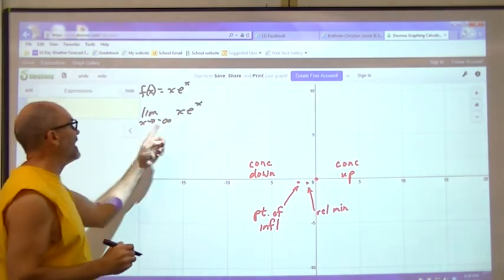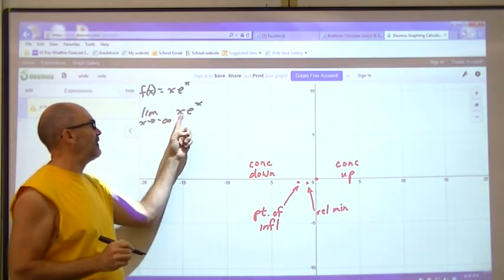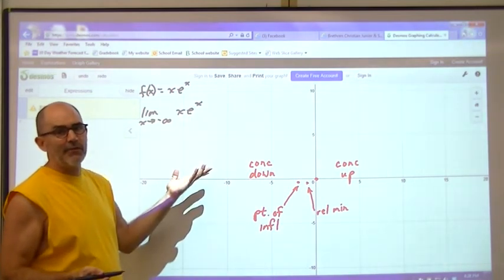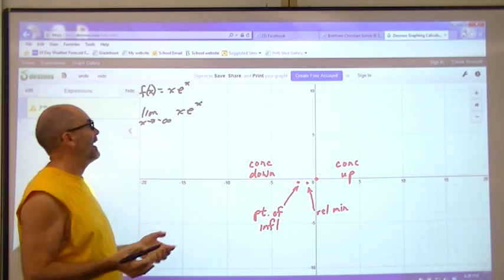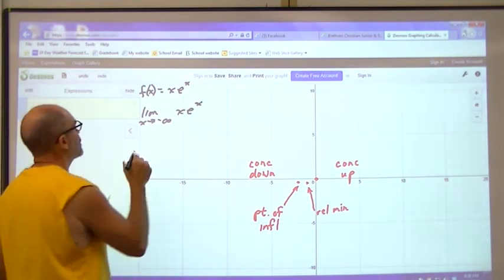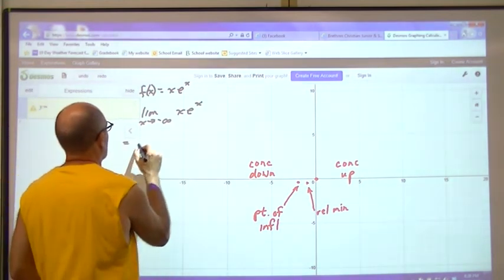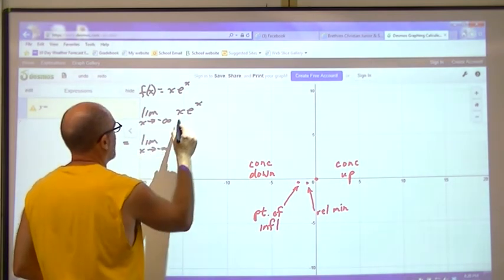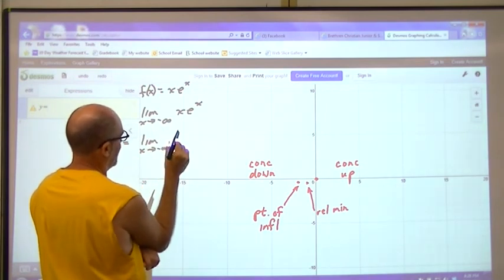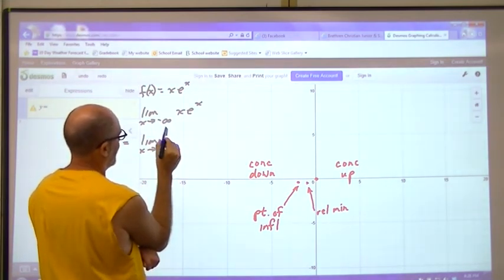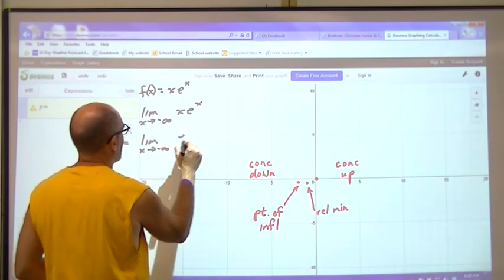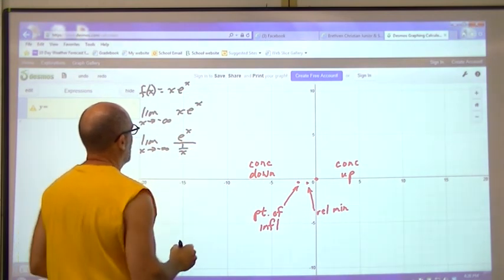Now notice, if I let x approach negative infinity, I have negative infinity times 0. That's an indeterminate form. So, it's time to put this in a fraction form. So we're going to make it, let's see, e to the x over 1 over x.